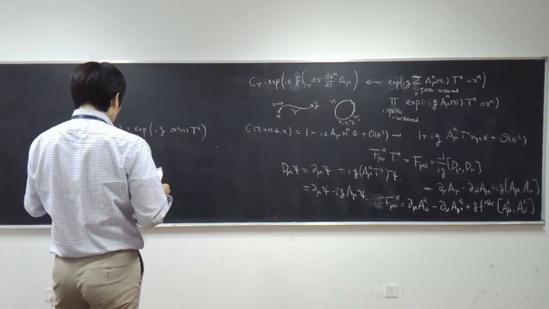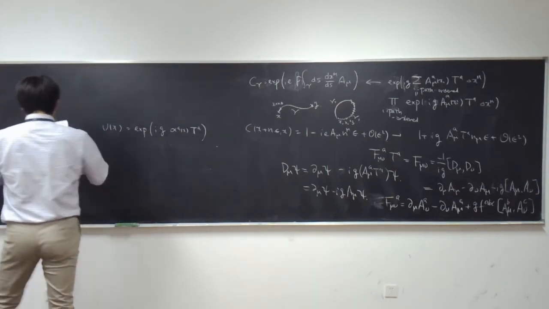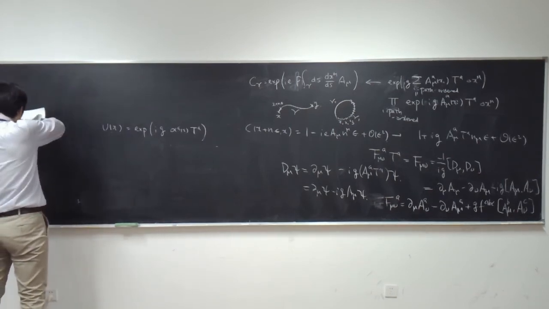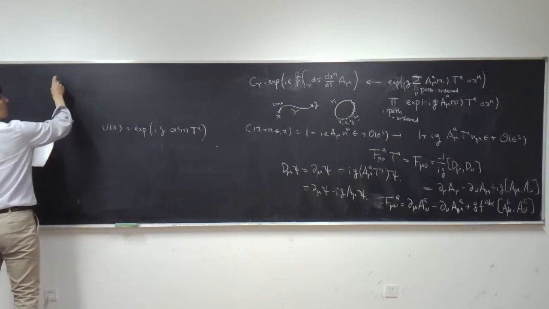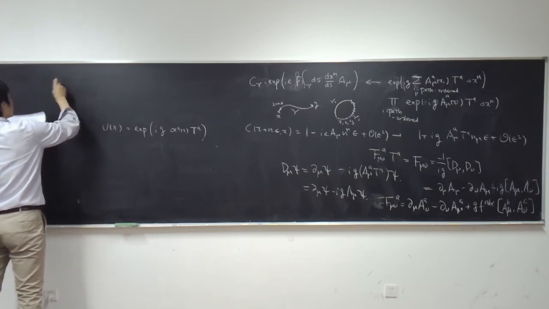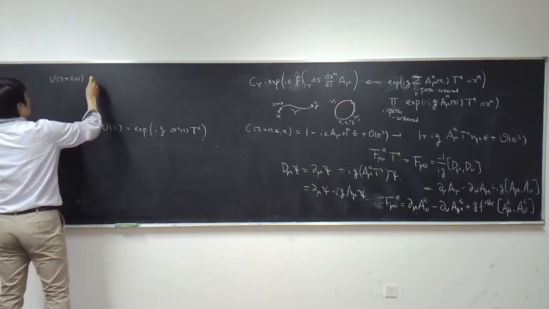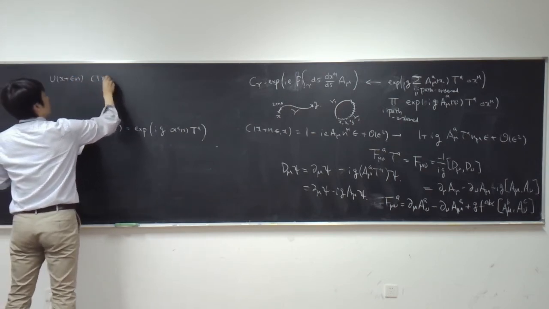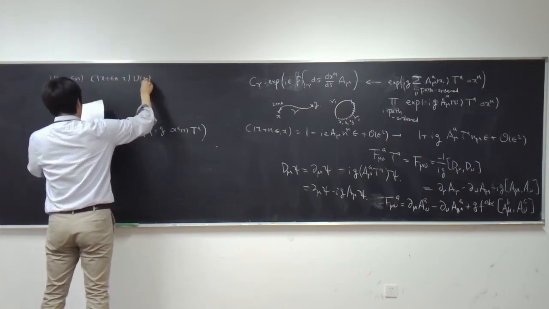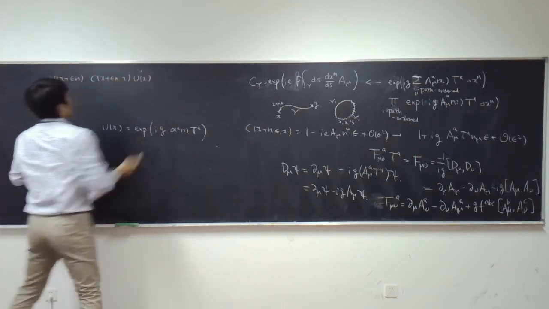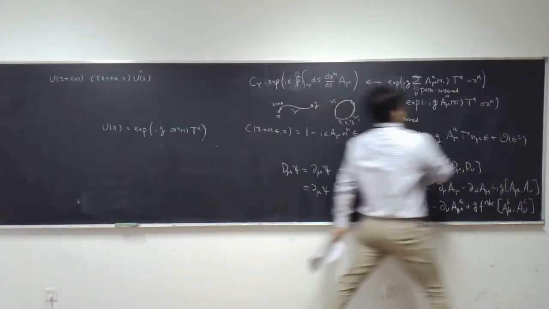we just introduced the gauge transformation as follows. As I mentioned, psi of x transforms as U of x inverse. And we have to do the same thing by replacing psi of x here.